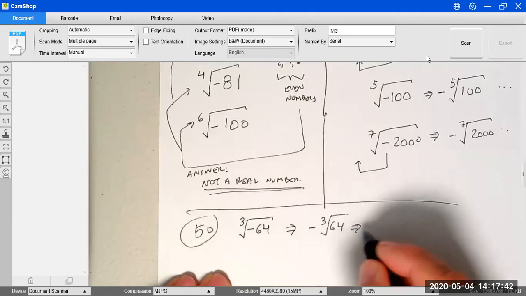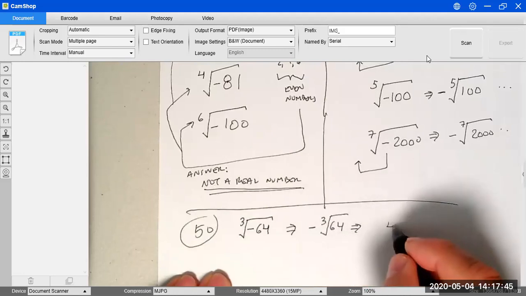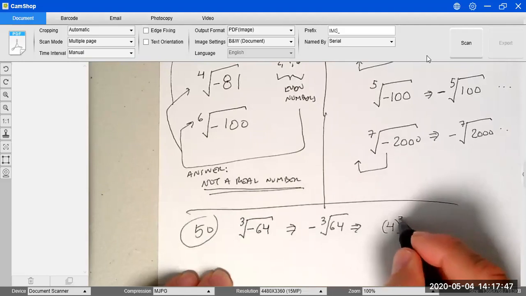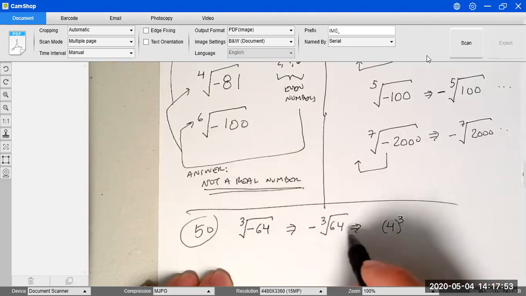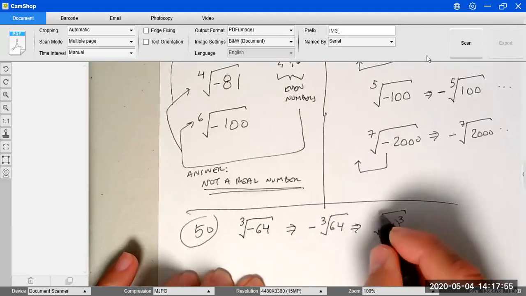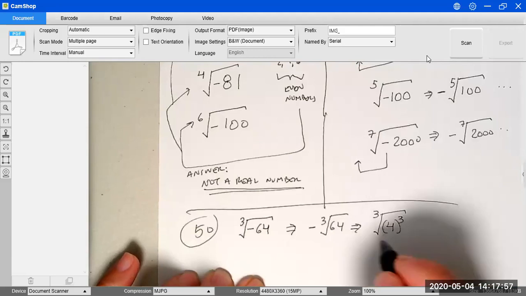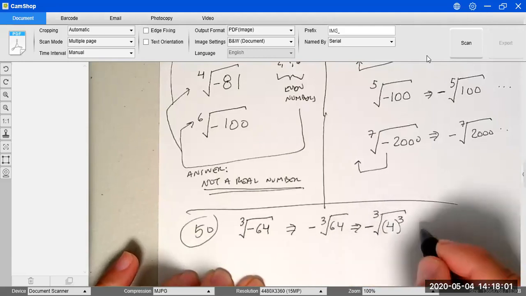In this case, you're going to see that 64 can be written as 4 to the cube. Why? Because 4 times 4 times 4 is 64. Then you have your index here, and you have this negative sign here that stays there, and it's going to remain until the end.